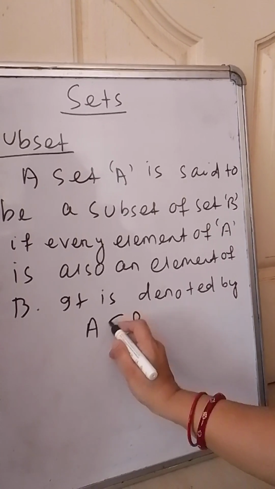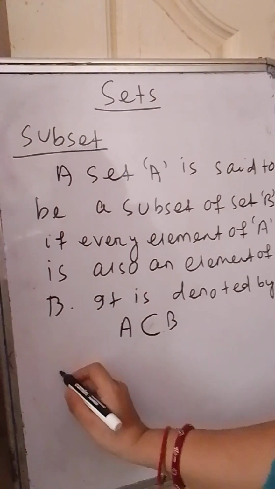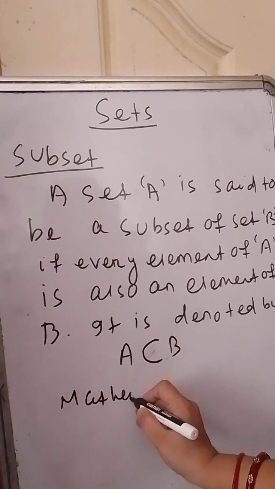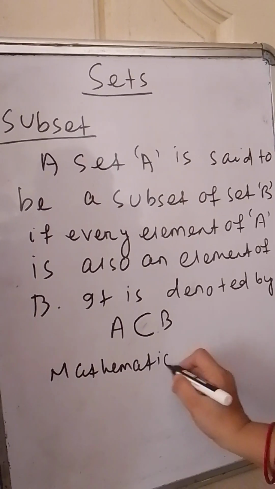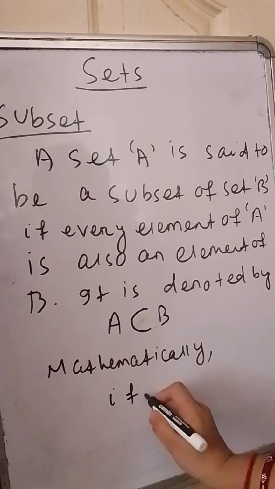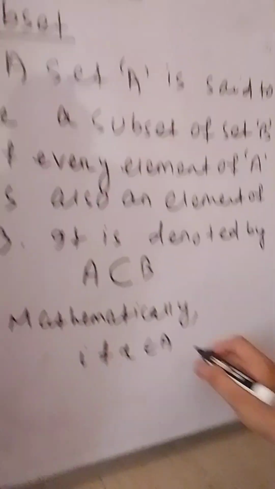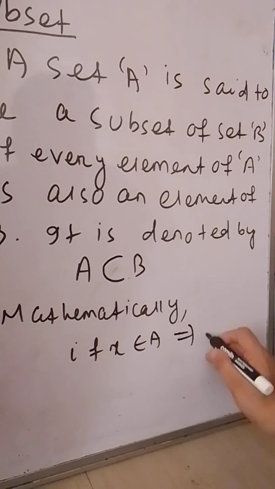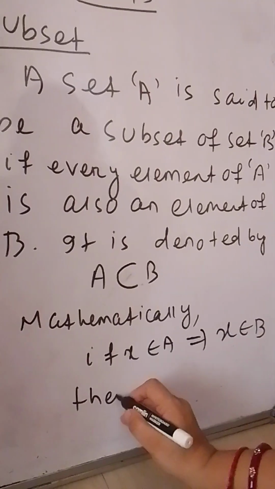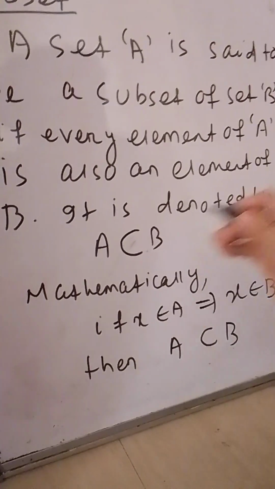So this definition we can write mathematically like this: if x belongs to A, meaning x is an element of A, which implies x is also an element of B, then we can say set A is a subset of set B.